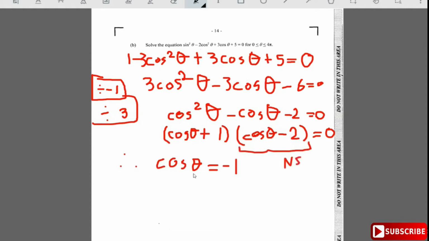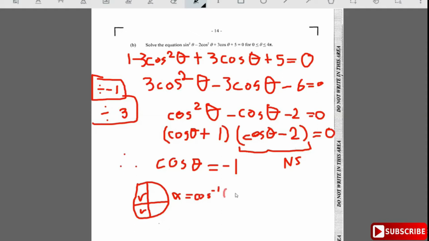So cos theta being equal to -1, we draw our circle, and we want where cos is negative. CAST: cos is positive here and here, so we want the solution in the second and third quadrant. So first we find out the principal acute angle, which is cos inverse of 1.